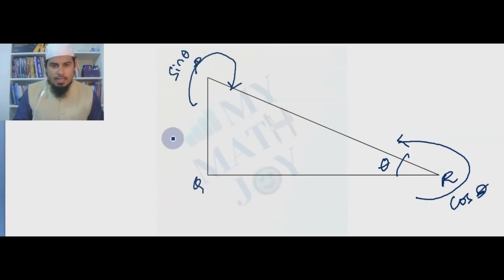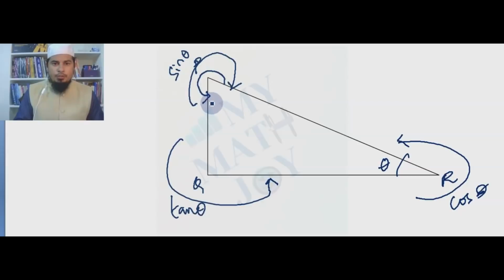This arrow tells me that it is opposite by adjacent. It should be my tan theta. Just if you are changing the orientation, hypotenuse by opposite, it will become cosecant theta, and if you change the orientation, hypotenuse by adjacent, it will become secant theta.